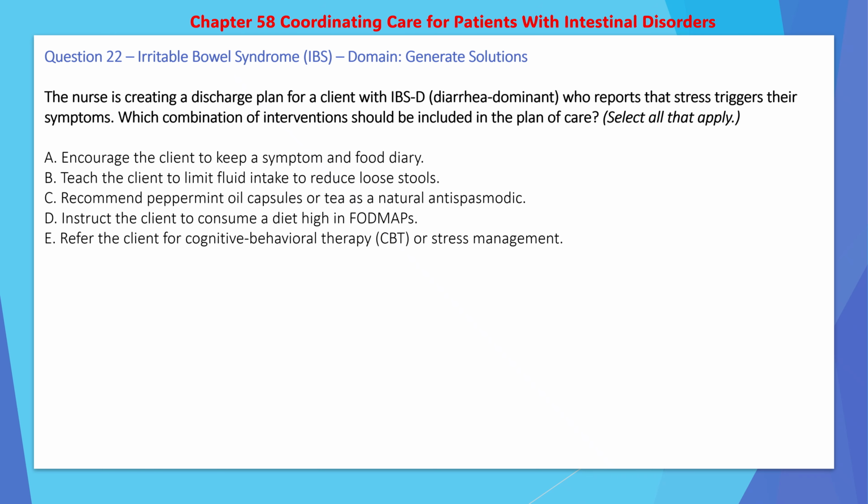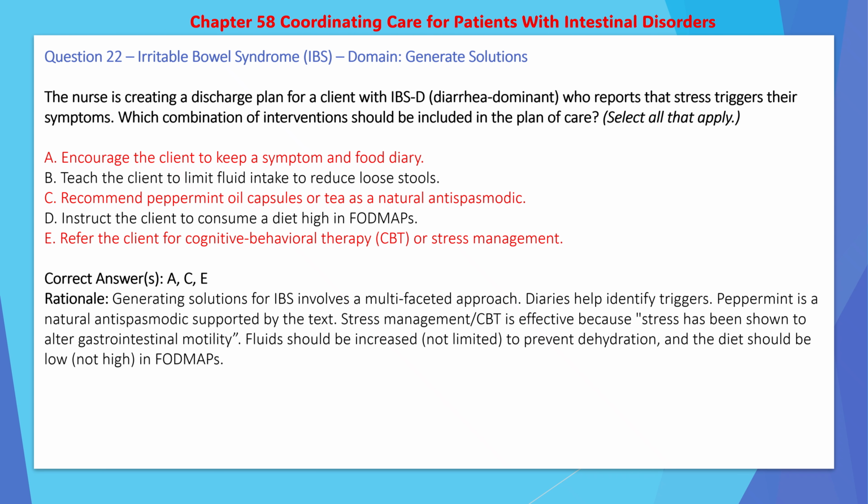The correct answers are: encourage the client to keep a symptom and food diary, recommend peppermint oil capsules or tea as a natural antispasmodic, and refer the client for cognitive behavioral therapy or stress management. So generating solutions for IBS involves a multi-phase approach.